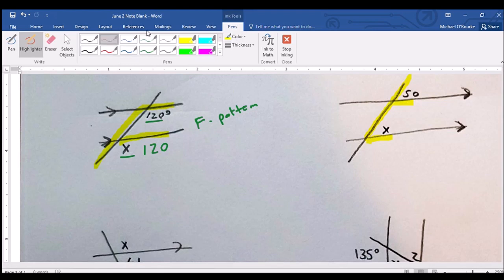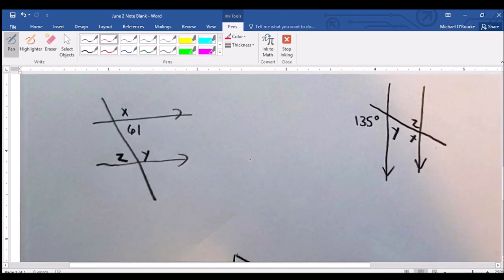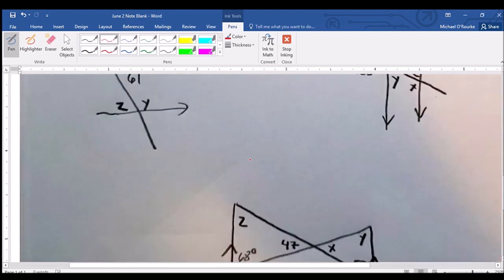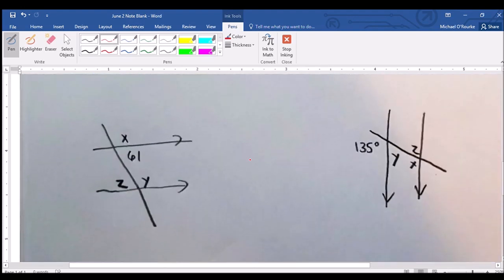So that means this here equals this. So that means that's 50, and there's your F pattern. Now I know these all look coincidentally the same, but I drew it very accurately with my hand. Even though they look the exact same, that's why I always say trust your diagram over anything.